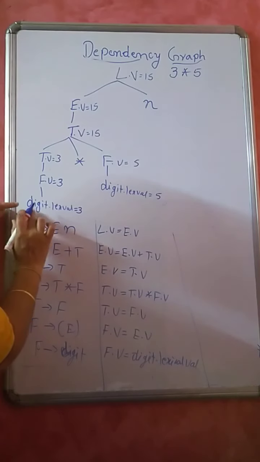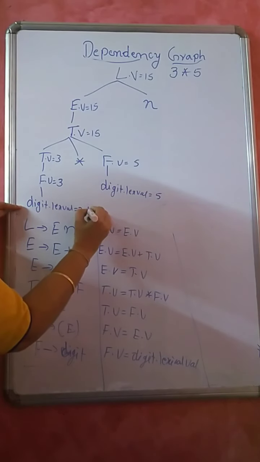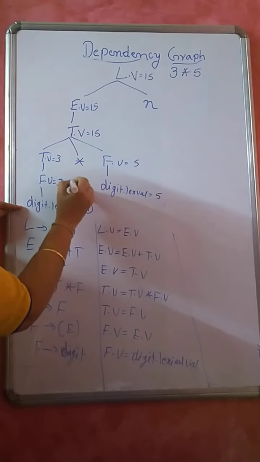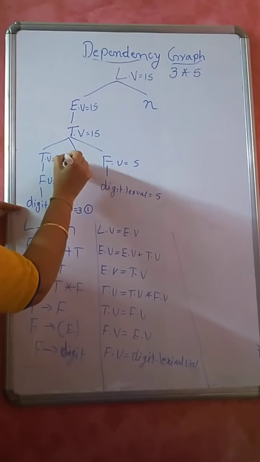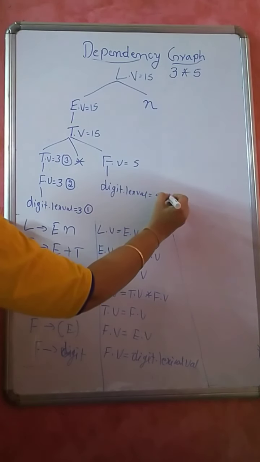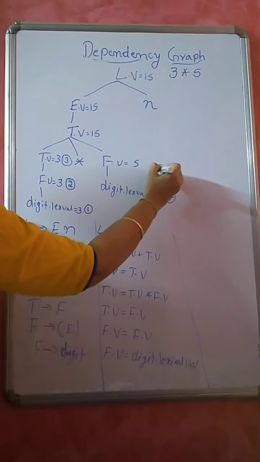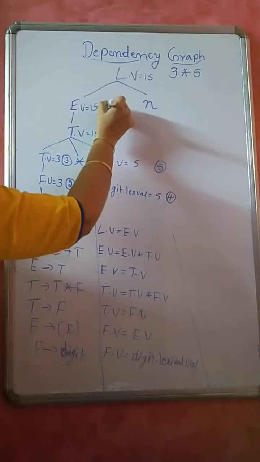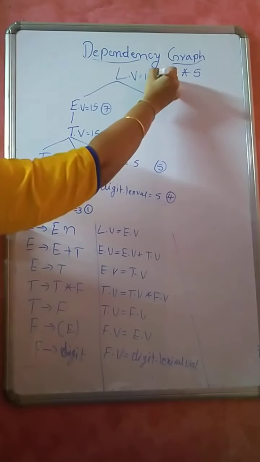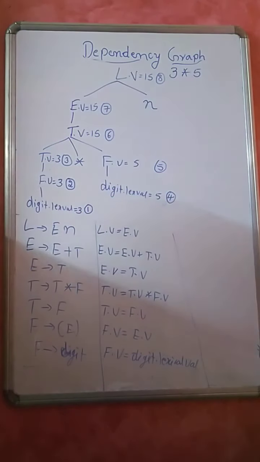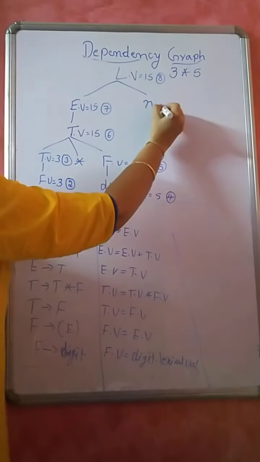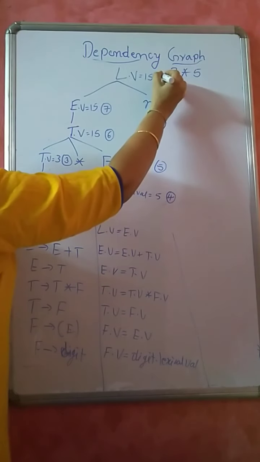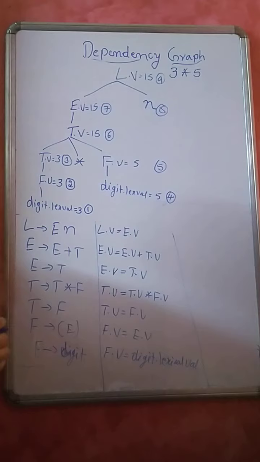Getting my point? So here 1, here 2, here 3, this is 4, 5, 6, 7, 8. This is 8. This is 9. Okay, 9 nodes are there.